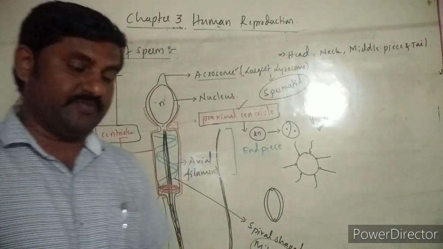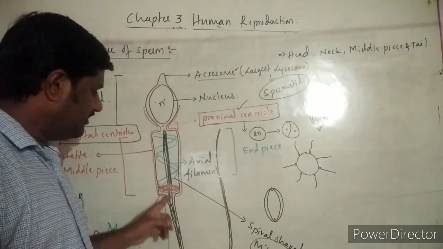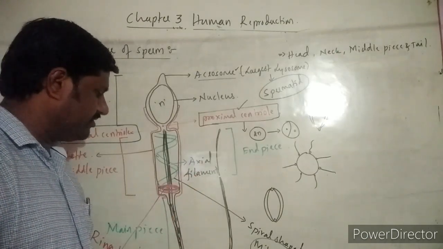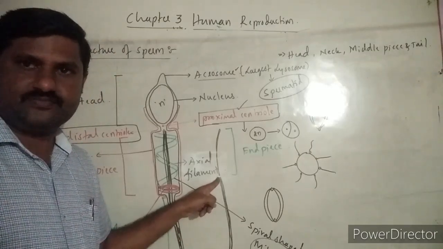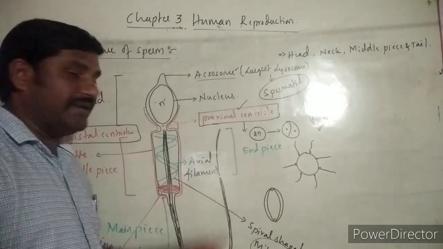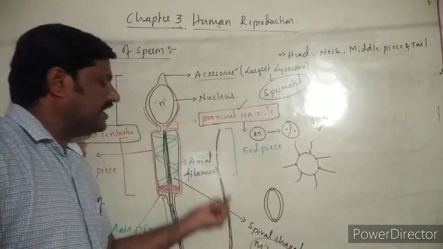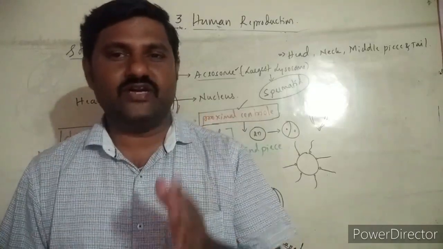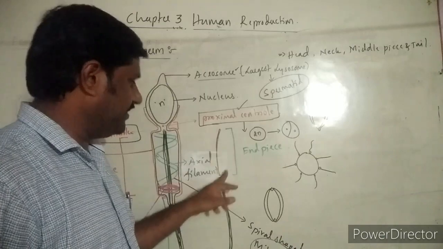What is the difference between the main piece and the end piece? You might have observed over here. Here you come across the axoneme or axial filament in the initial part of the tail up to here, right? Where the axial filament is present, it is covered with a thin cytoplasm, up to the end piece.